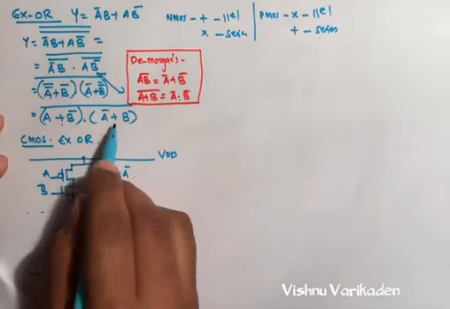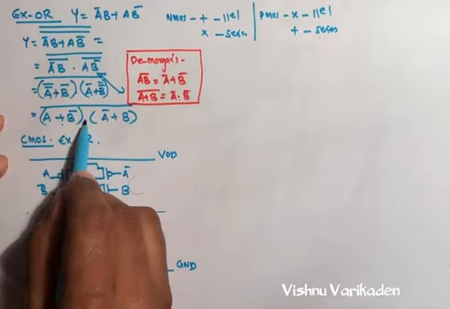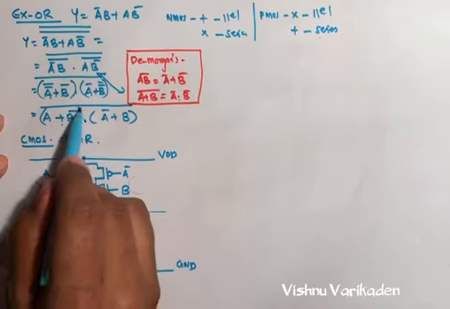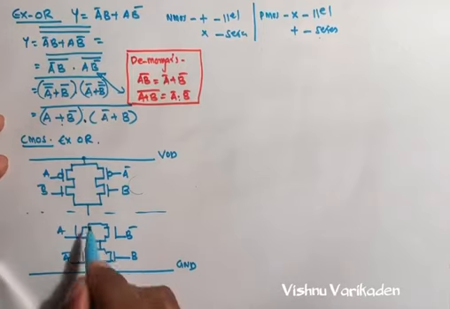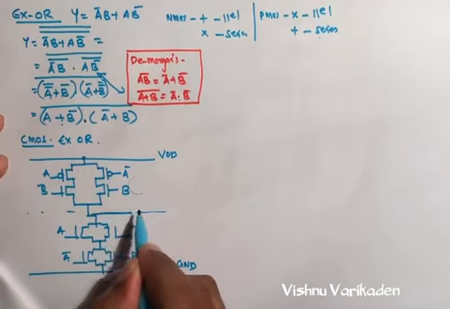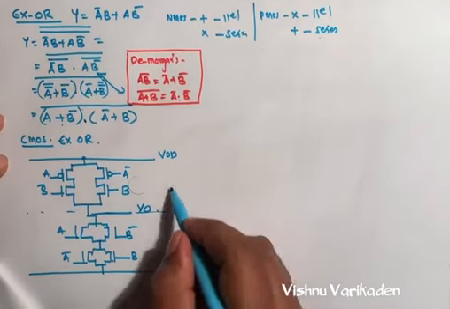Now there is another one that is also in parallel, that is A bar and B. So there is a multiplication here. Multiplication means this term is in series with this term. So this is in series to the ground. So this is our V out. This is the XOR gate.